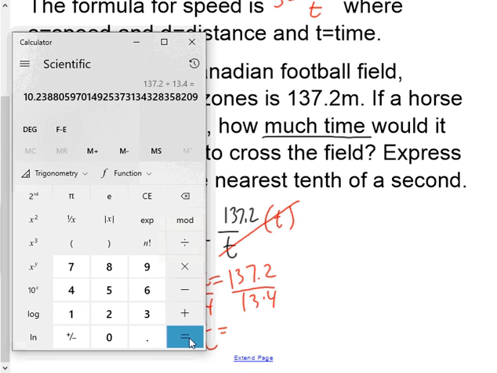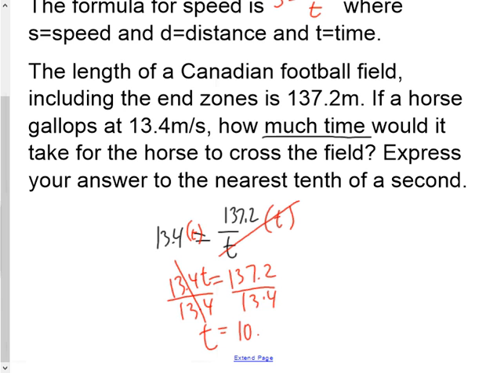It says to the nearest tenth of a second, which is your first decimal place, and since I rounded it, I'm going to put a decimal above my equal sign to show approximately equal to, and then I'm going to write a sentence. Therefore, the time it will take is approximately, because I rounded, 10.2 seconds.